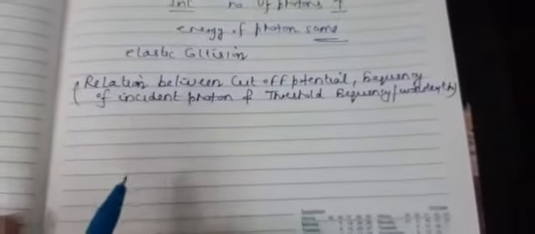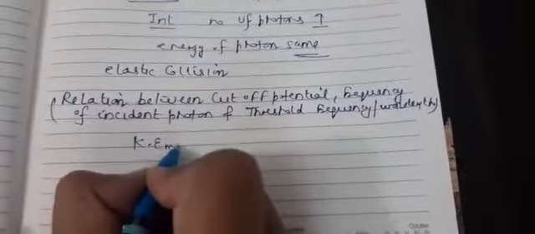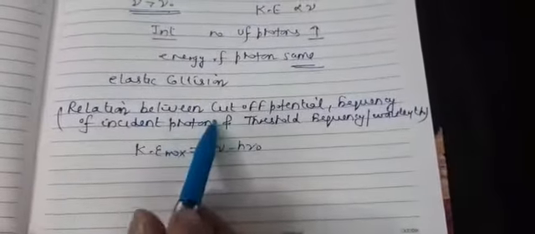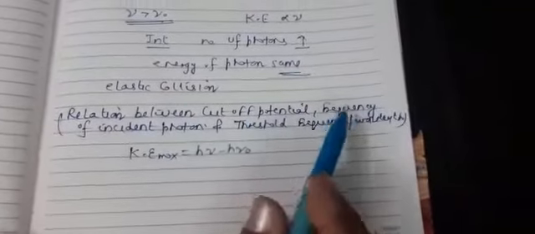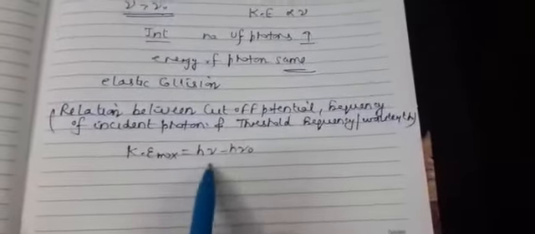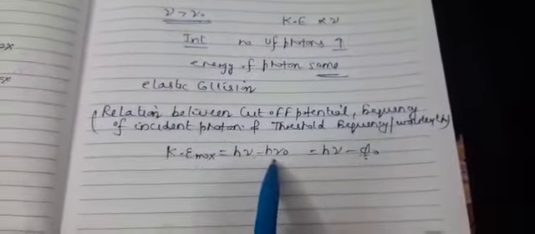So now, after studying this Einstein photoelectric equation, next we will find the relationship between this cutoff potential, frequency of incident photon and threshold frequency. Now, as we know that kinetic energy is h nu minus work function, which you can write like this also, or both are the same, because work function has value h nu naught.